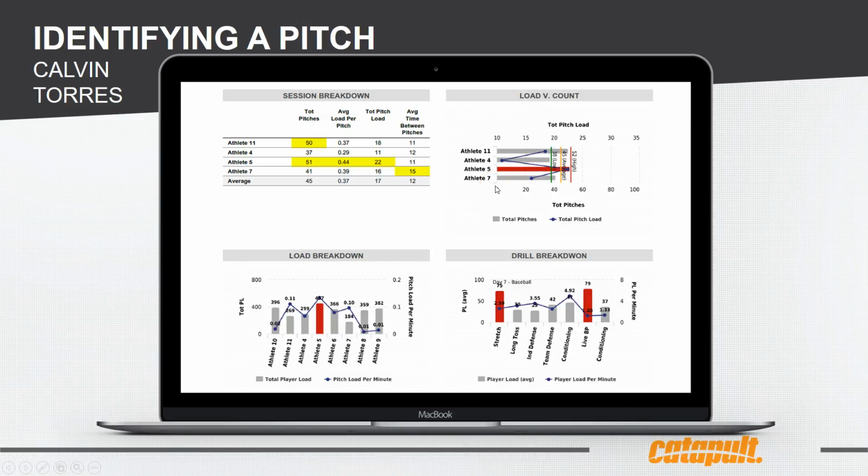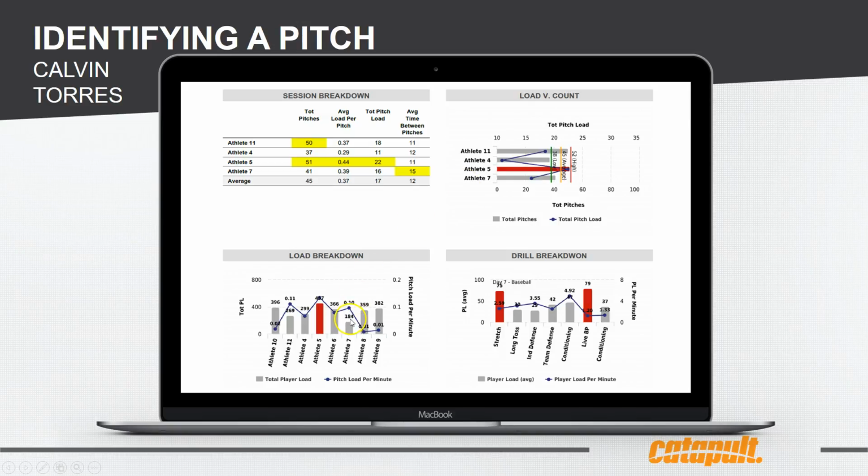So we're able to see not only are they high, but relative. What the red bar is telling me is relative to that specific athlete's average. Athlete 5 in this case, looking at load versus count: is that high on that given day for that athlete's 2 to 3 weeks of data?